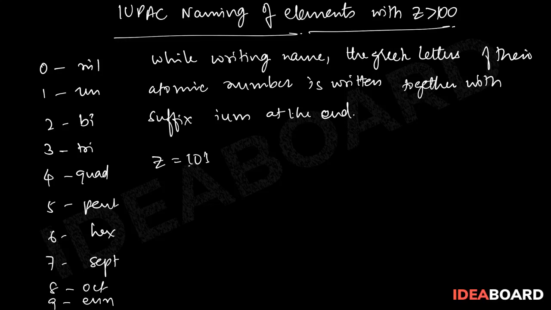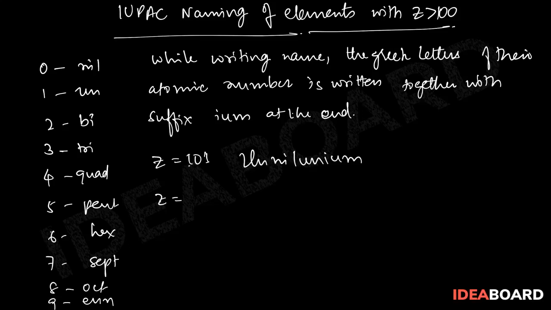So un, then nil, then again one, so that is un. Now we have addressed all the digits of the atomic number. To this we add ium as a suffix and write it. So Unnilunium is the element with atomic number 101.